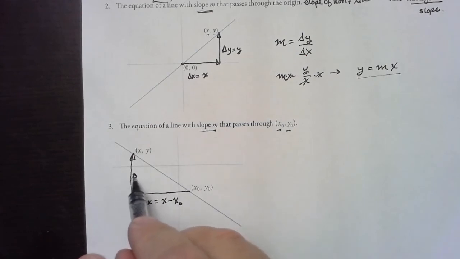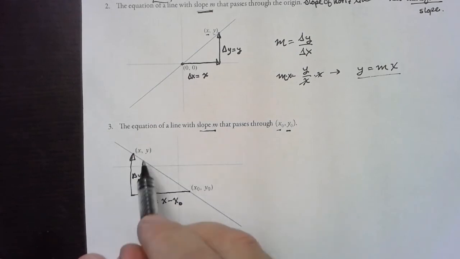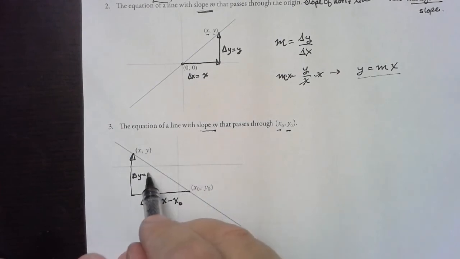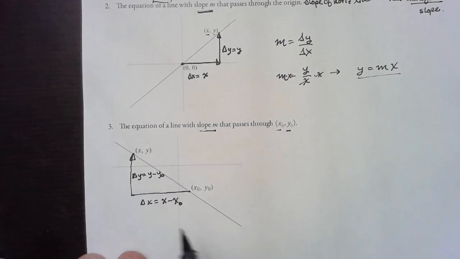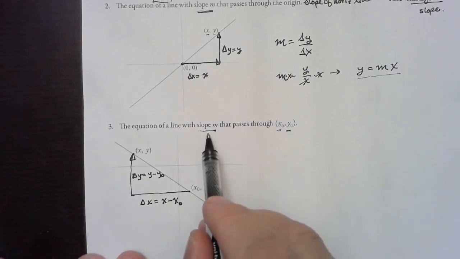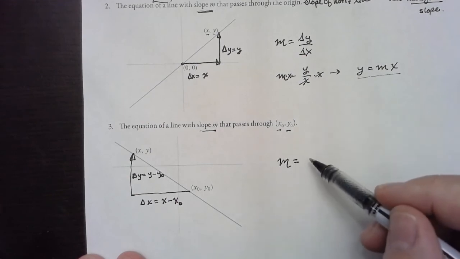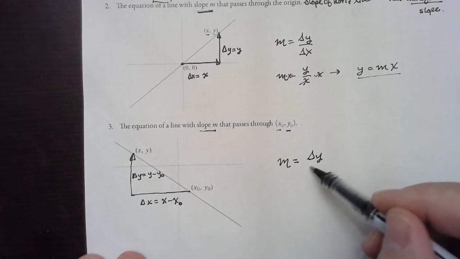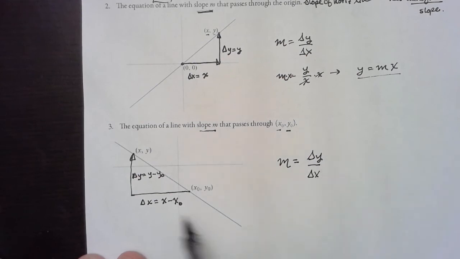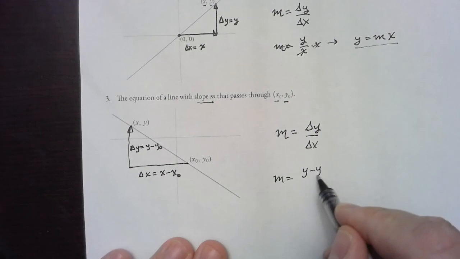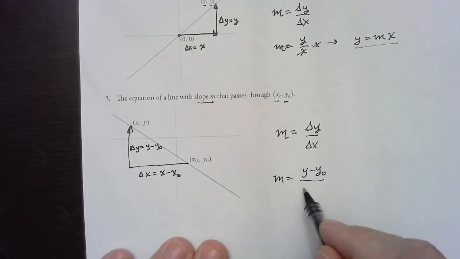Likewise, change in y is my ending y coordinate minus my starting y coordinate. So that's y minus y sub 0. I know this line has slope m, whatever m happens to be. So if I say m is change in y over change in x, then I will copy these changes: y minus y0 for delta y, x minus x0 for delta x.